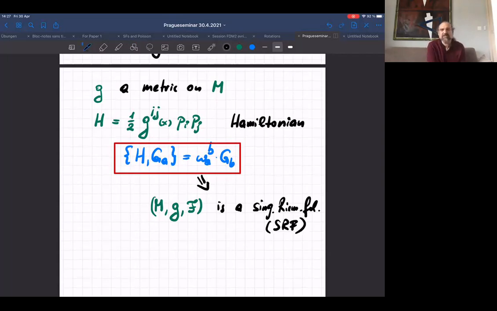In particular, this encodes two situations. One is if F is generated by isometries, then you would get ω_A^B equals 0 on the right-hand side. So it would be even a strictly invariant Hamiltonian, at least in the adapted choice of these representatives generating the constraint surface.